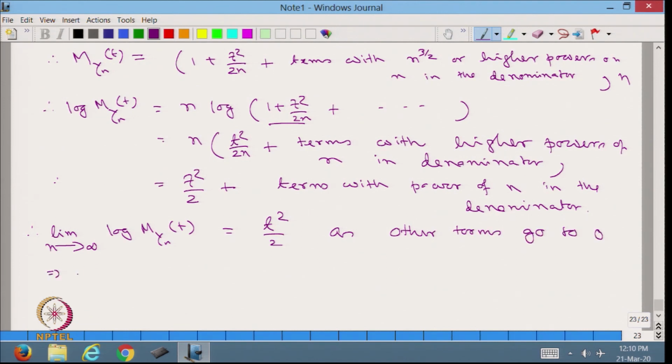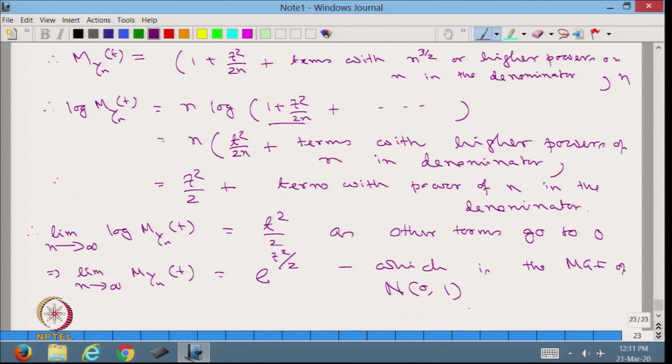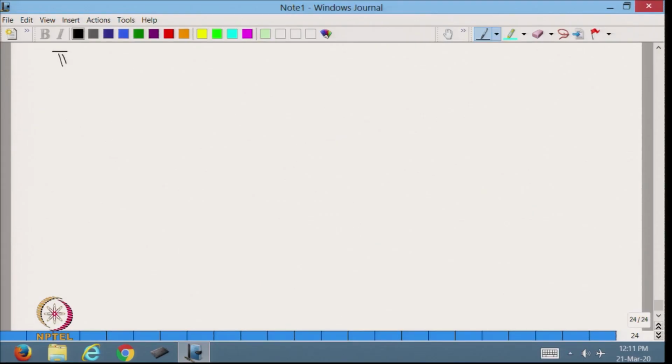This implies the limit as n goes to infinity of M_{Y_n} at t is equal to e to the power t square by 2, which is the MGF of standard normal 0, 1.